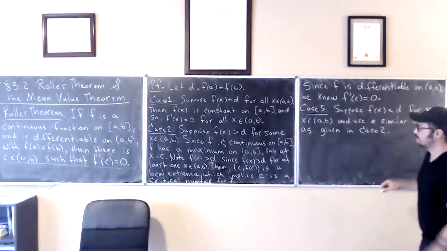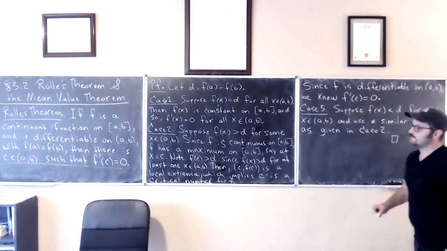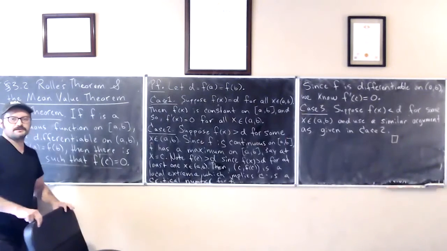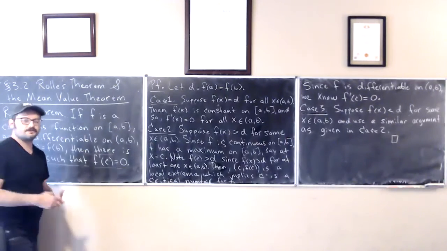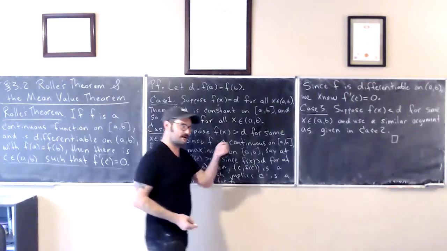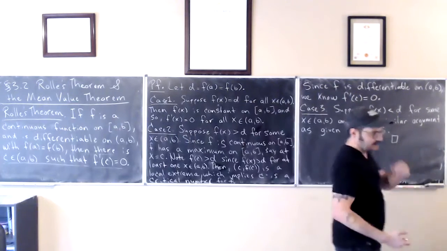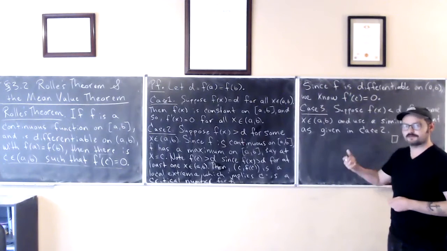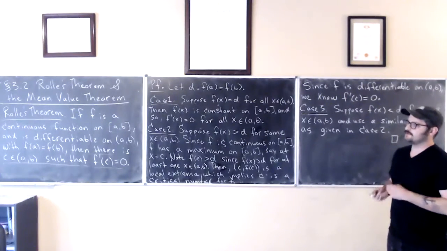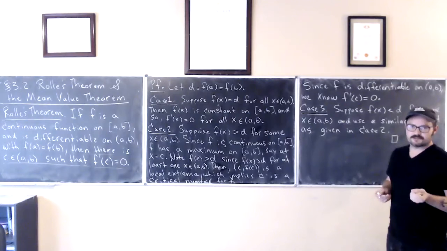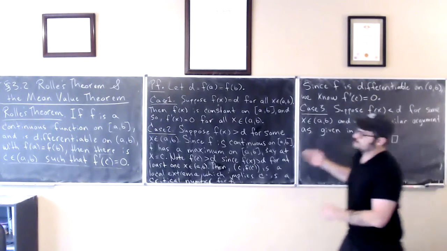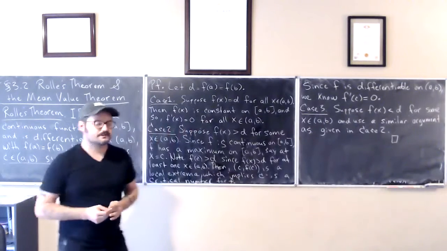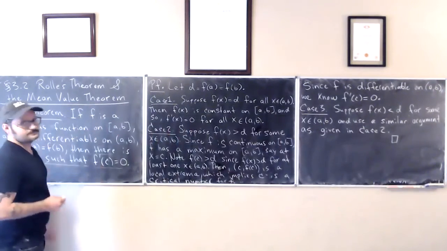And once you do that, that'll complete the proof of Rolle's theorem, which hopefully by case 2 you see is really dependent on this extreme value theorem, together with the fact that local extrema, both max and min, imply that you have a critical number for these continuous and differentiable functions. And critical numbers are values where the derivative doesn't exist at that number or is equal to 0. Since the derivative exists everywhere in this open interval under this assumption, we know the derivative at that critical number is 0.